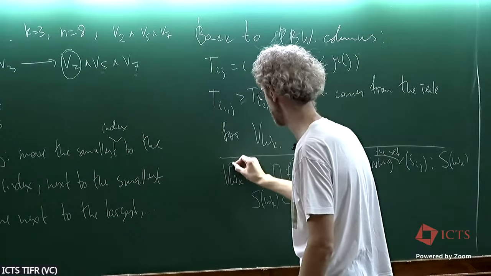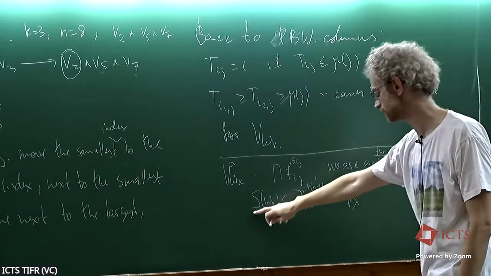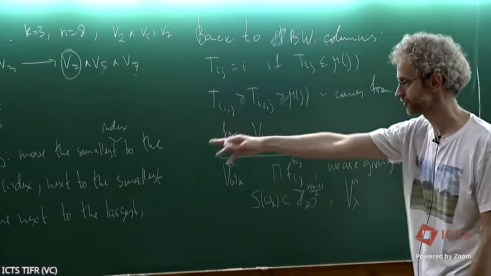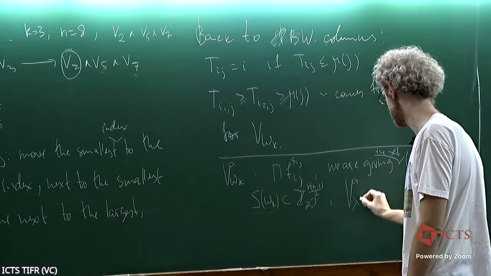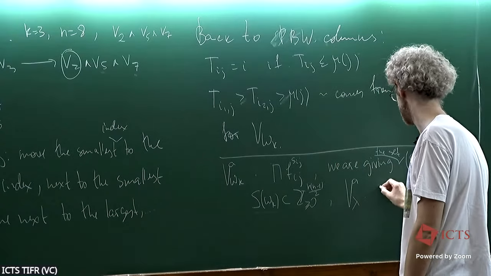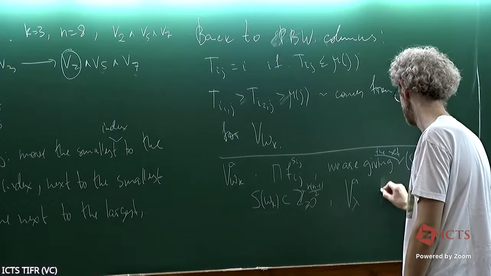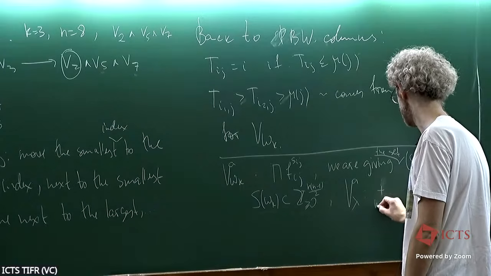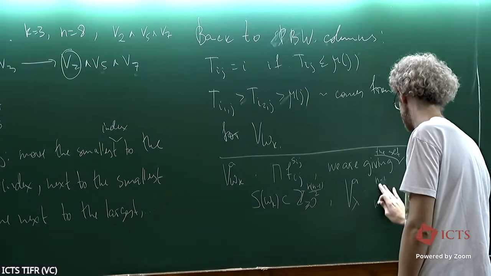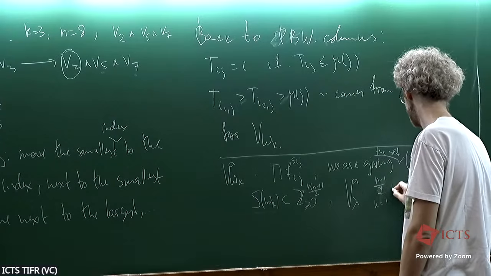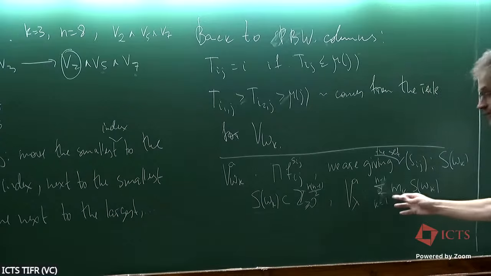So I want to get a monomial basis. And then the claim is that if we choose this S omega k using the rule I wrote, smallest to largest and so on, then we take S as the sum over k from 1 to n minus 1 of mk S omega k.